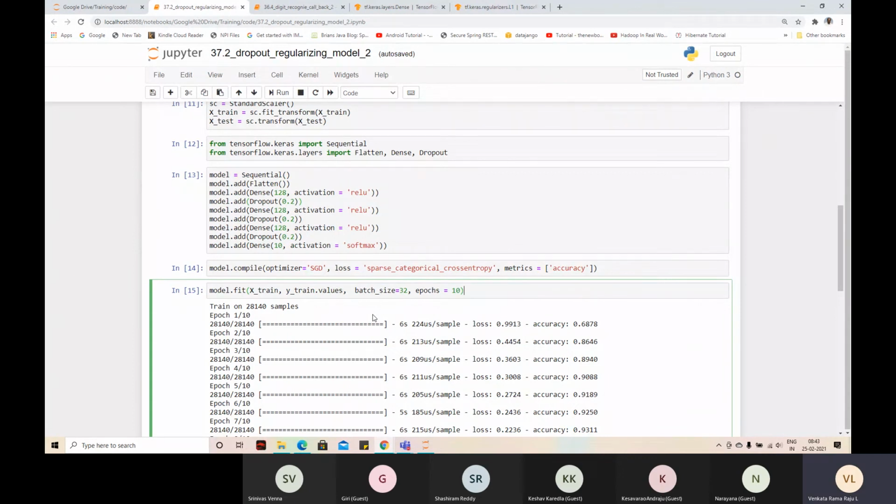Got it? No? Confused? This is a kind of cross validation, right? So these epochs and batches we are applying to check which parameters are better. No, not cross validation. It is a gradient descent algorithm.